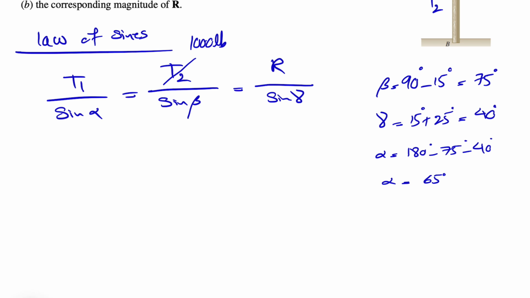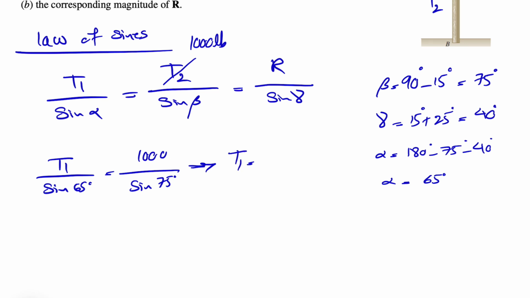Now that we have this, we should be able to find all the unknowns. Let's start with T1. We have T1 over sine of alpha, 65 degrees, equal to 1000 over sine of beta, 75. So we can find T1: 1000 times sine of 65 over sine of 75.